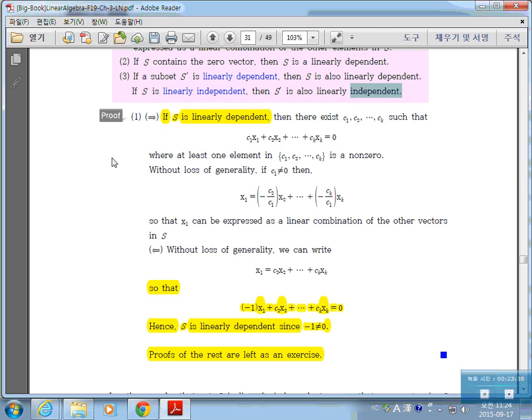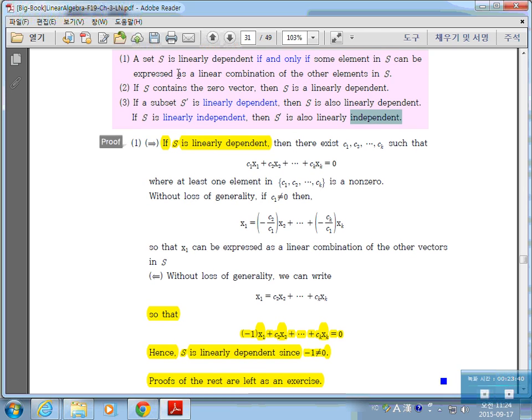Okay, we show the first part of it. Suppose S is linearly dependent. Then there exist some Ci's that satisfy this, and at least one of the Ci is non-zero. So let's say, without loss of generality, C1 is the one which is not 0.